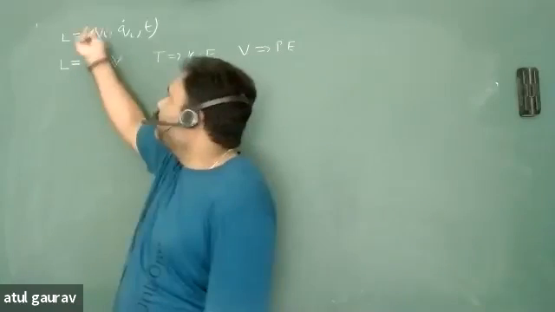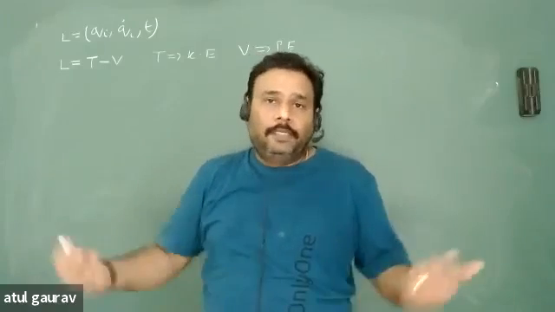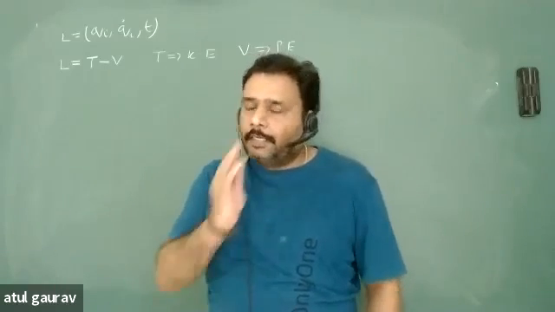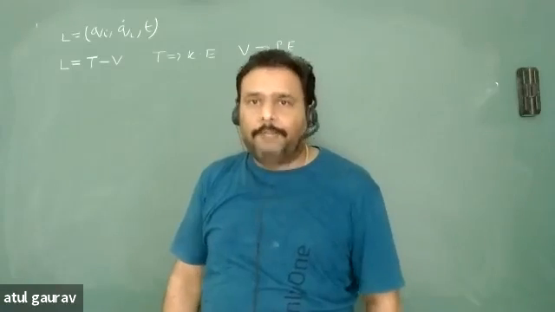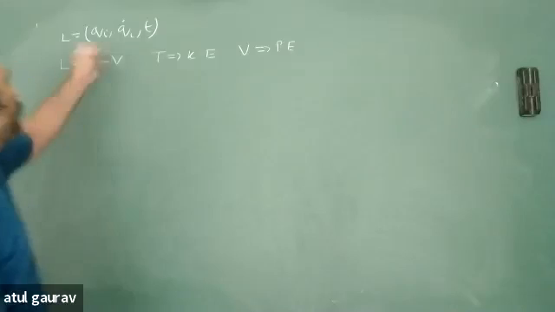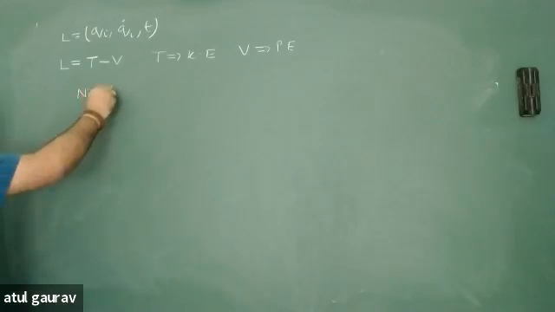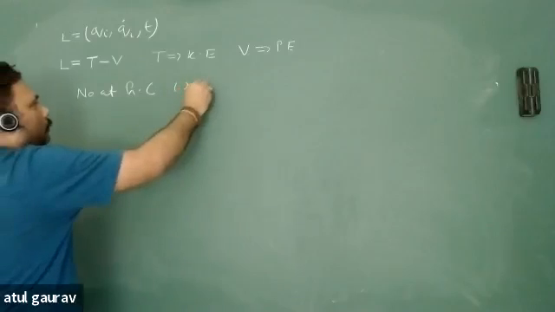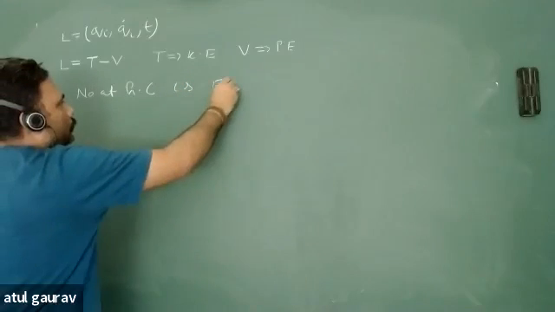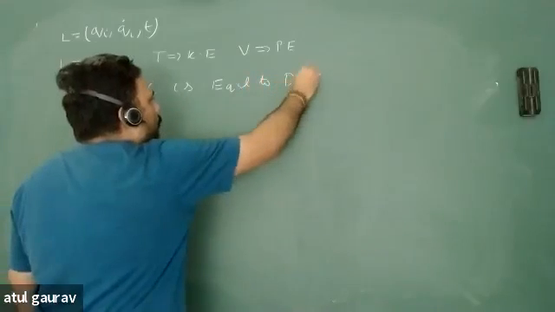So how many generalized coordinates must be there? The number of generalized coordinates must be equal to the number of degrees of freedom. So how many qi do you have? The number of generalized coordinates is equal to the degree of freedom.